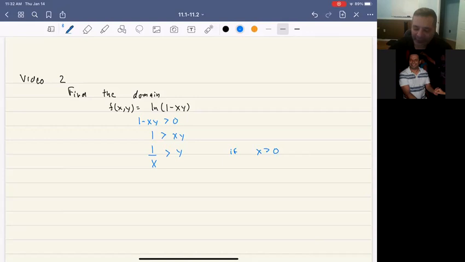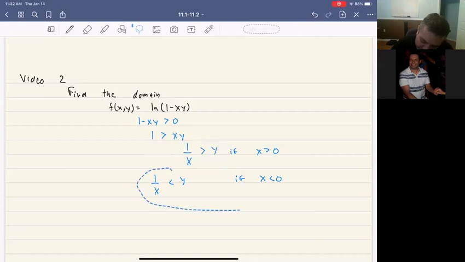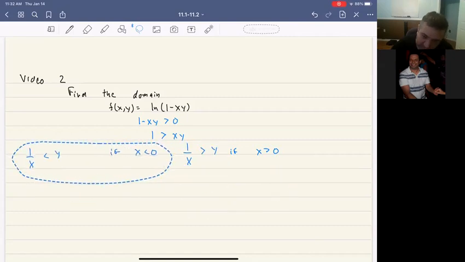Then it's actually going to be 1 over x is less than y if x is less than 0, because when you divide or multiply by a negative number in the inequality, it flips the inequality sign. So let's move this over here.